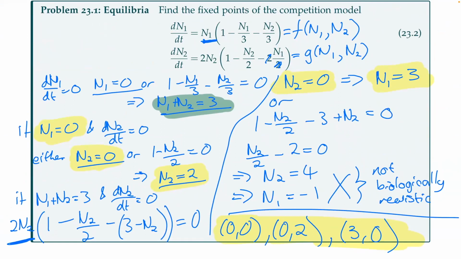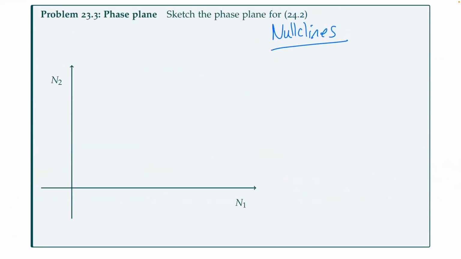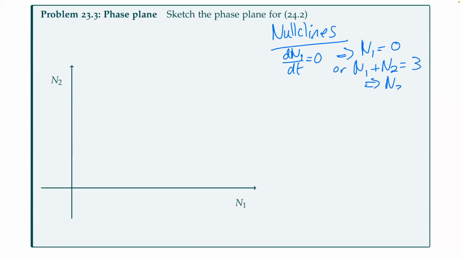That's already telling us our null lines, so we can actually read them off from above. So dn1/dt is equal to 0 if n1 is equal to 0, or n1 plus n2 is equal to 3. So we can rewrite that as n2 is equal to 3 minus n1.